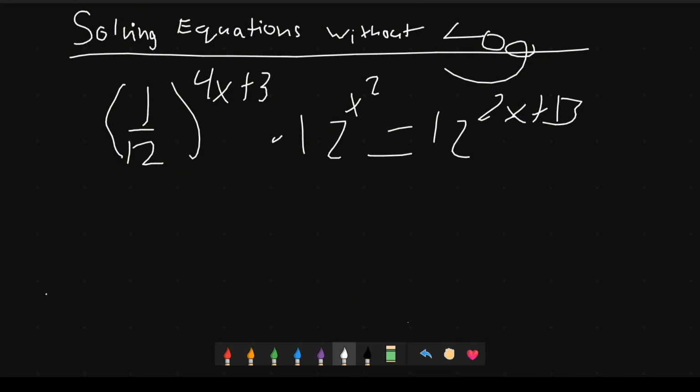Now, please pause the video so you can try this equation. After you're done with the equation, you should have got x equals negative 2 and x equals positive 8.